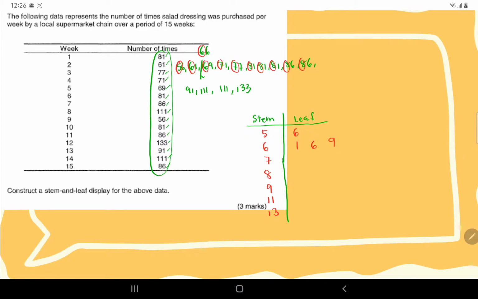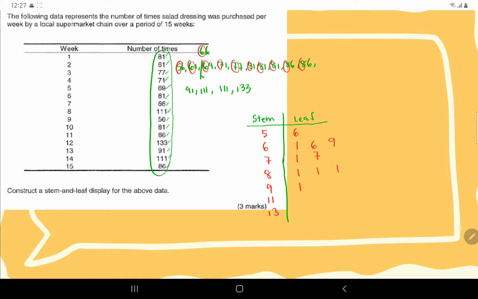And then for digit 7, we have 7 paired with 1, 71, and then 77. For digit 8, we have 81, 81 and 81. Then for 9, it is only 91.